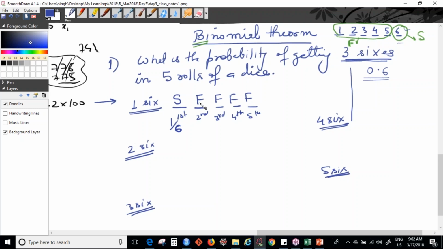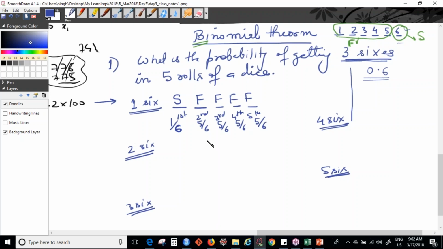And what is the probability of this failure then? I'm talking about 1 six only, right? So the moment I only write one success here, what is the probability of failure? Yeah, of course it is 5 by 6. The probability of this failure is also 5 by 6, of this one is also 5 by 6, of this one is also 5 by 6.